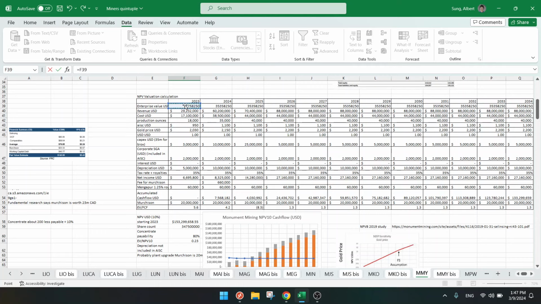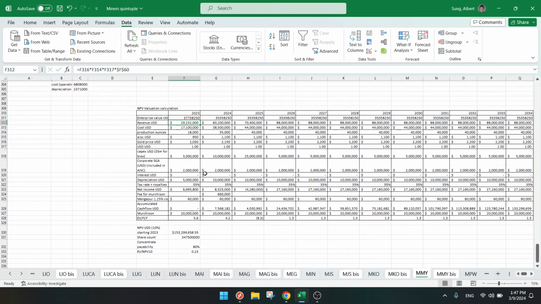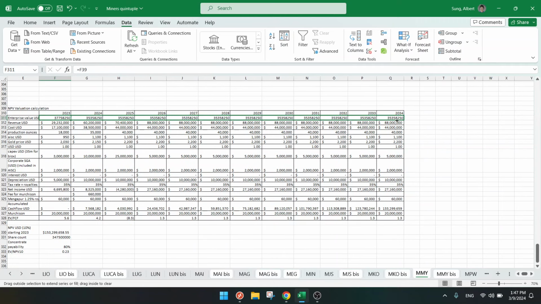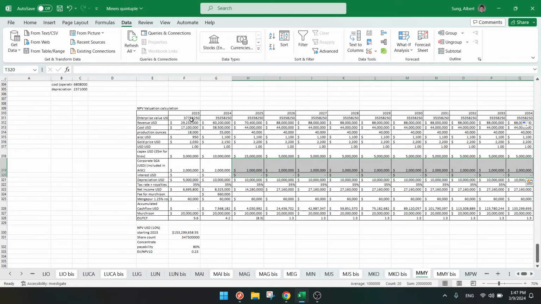This should be this, right? And we just do it like this. So as the enterprise value changes and the market cap changes and the share price changes, this whole row will change. That's what I want.